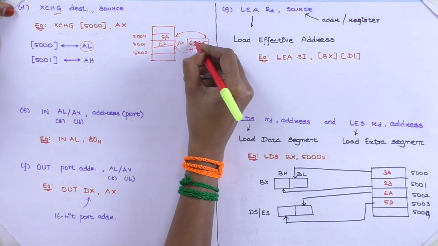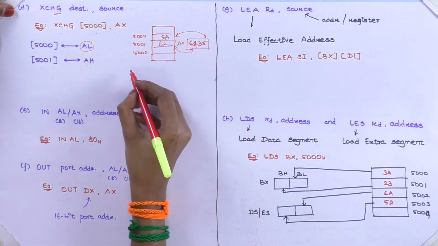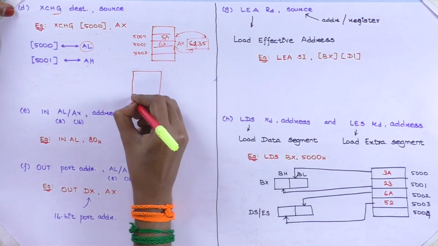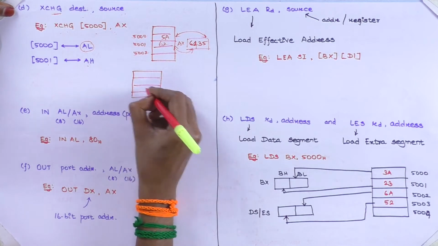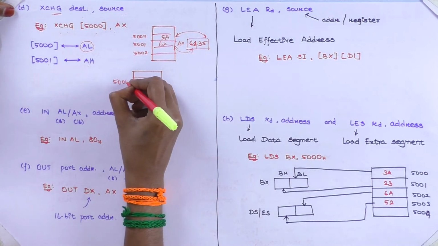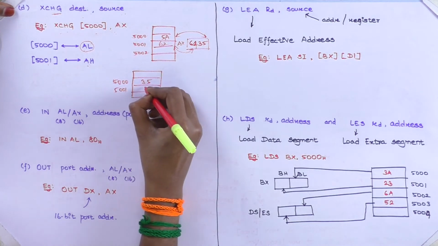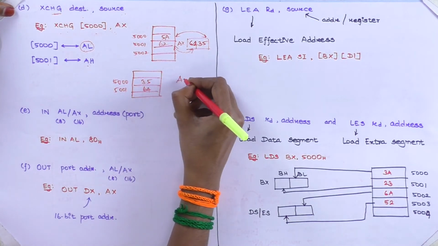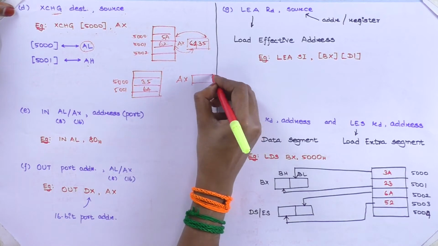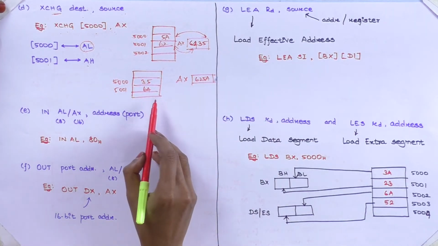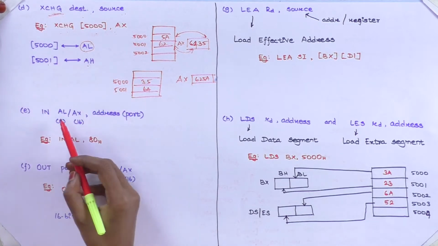Okay, I will take an example value 64. After executing this instruction, 5000 will have 35, 5001 will have 64, and AX will now have 625A. Fine. So this is what will happen when we use this exchange instruction.